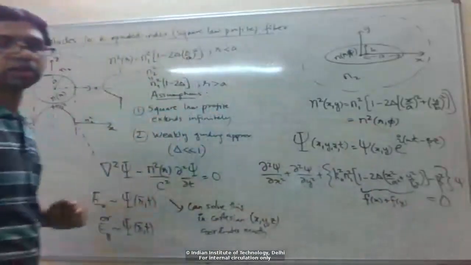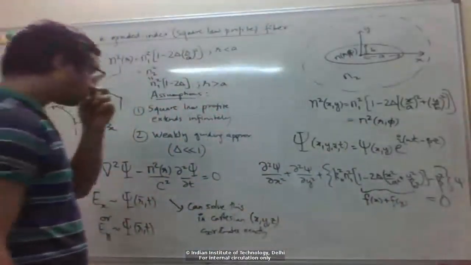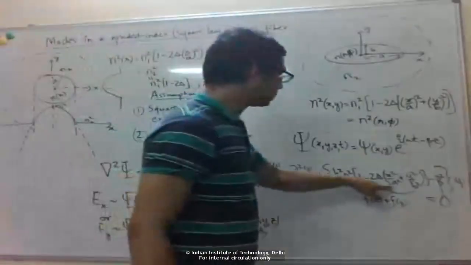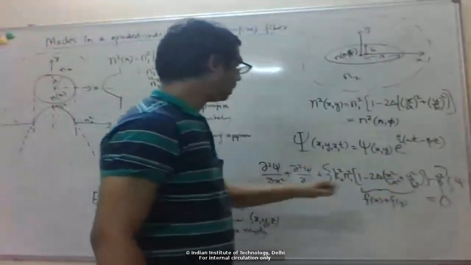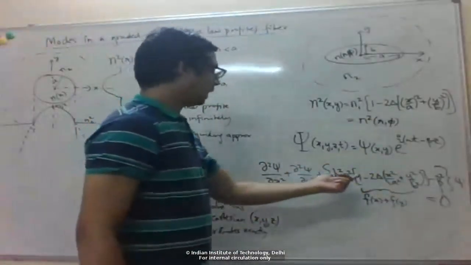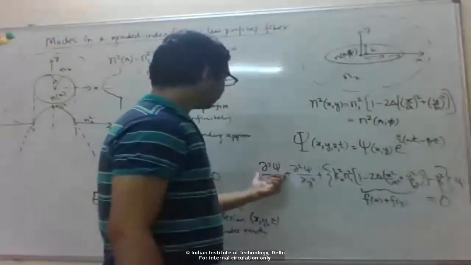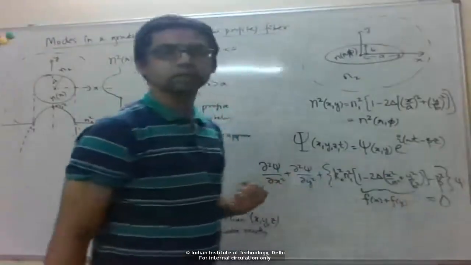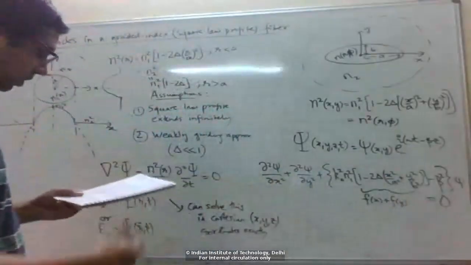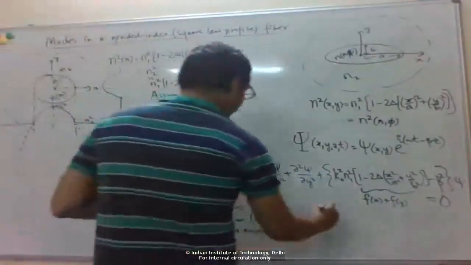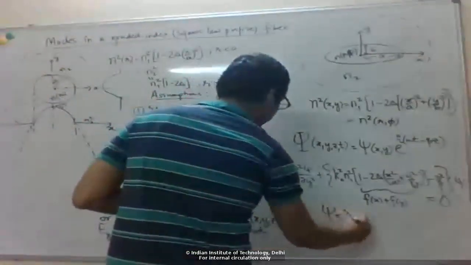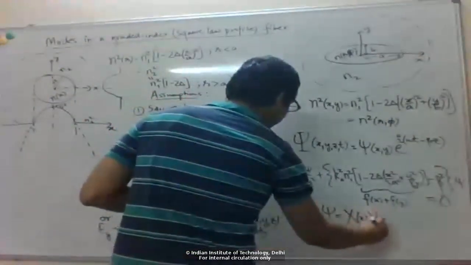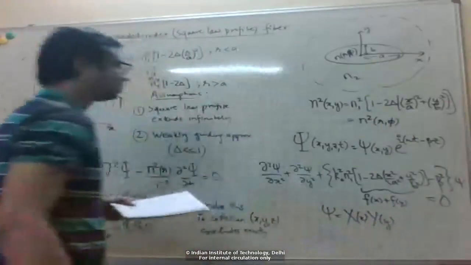That would be difficult to solve in the cylindrical coordinates. But in the Cartesian coordinates, this is basically a function of x plus a function of y. So you can see that we could separate this into an equation of just x plus an equation of just y. So you can use separation of variables, which means basically we write this as a product, a function of just x and a function of just y.